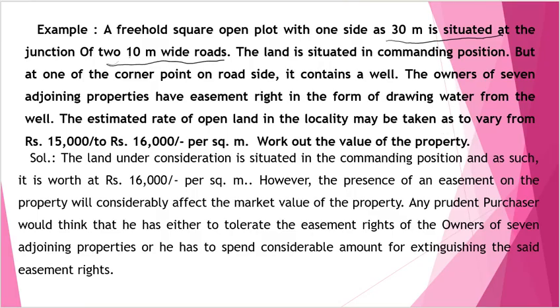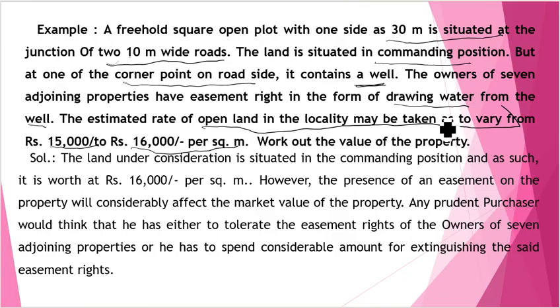The land is situated in a commanding position, but at one of the corner points on the roadside, it contains a well. The owners of 7 adjoining properties have easement right in the form of drawing water from the well. The estimated rate of open land in the locality may be taken as varying from 15,000 to 16,000 per square meter. Work out the value of the property.